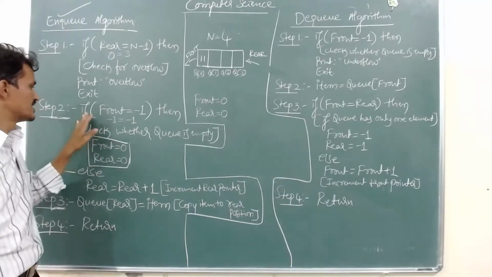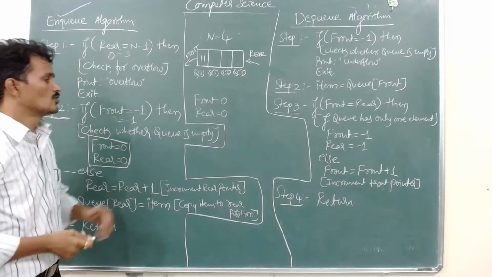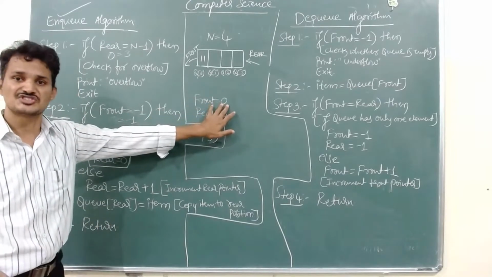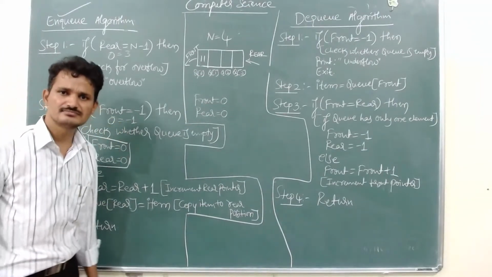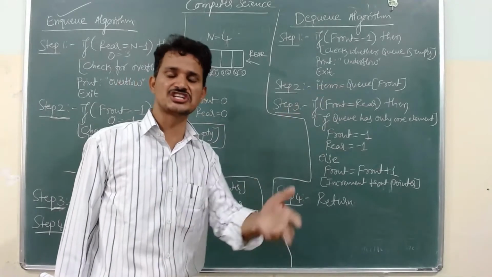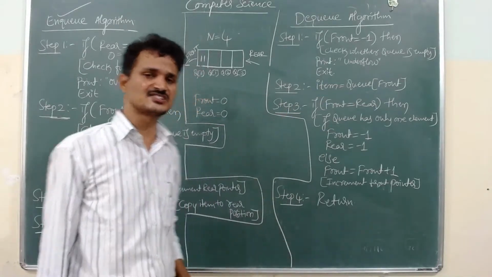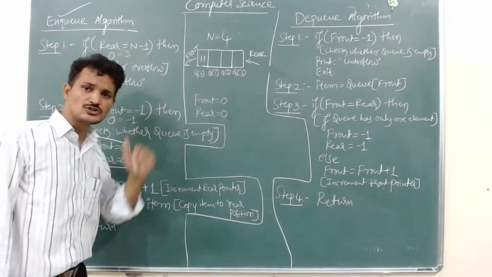Step 2, condition. If front is equal to -1, what is the value of front? 0. Is 0 equal to -1? Last time it was -1 is equal to -1, at that time the condition was true. But this time front is 0, and 0 is equal to -1?